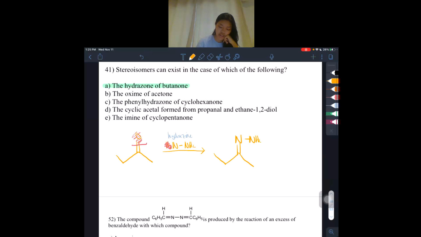So the NH2 that is left over is what we put on the double bond. That is my cut and paste method. If it works for you, it works for you. If it doesn't, feel free to use Rosemary's method. But this is just kind of how I have come to learn it to make it easier. So this is a hydrazone.